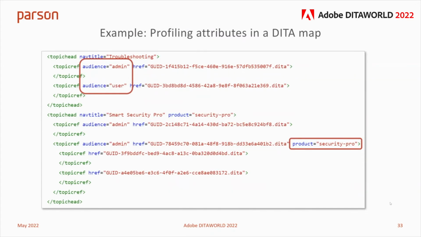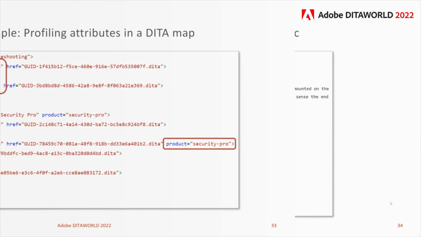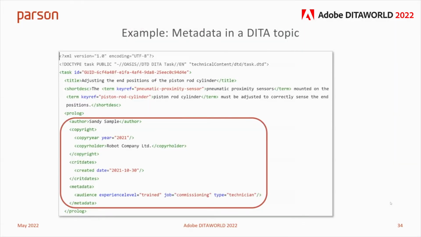This is metadata that can be used, for example, for filtering the output and provide targeted information to your users. And there's, of course, also the possibility to add metadata to DITA topics.